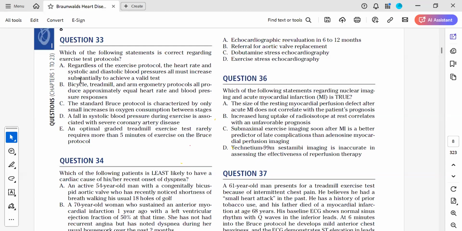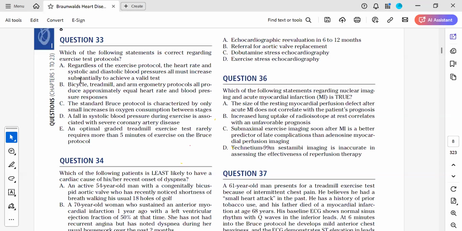And so just to note that the most popular protocol usually is a treadmill protocol. So that's the most commonly used form of stress testing.